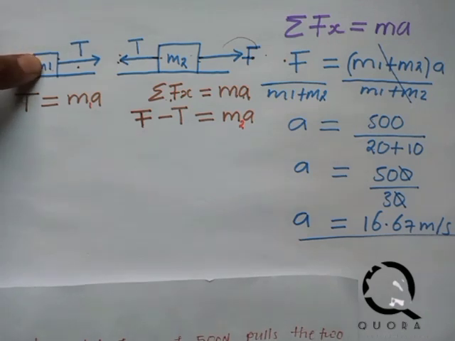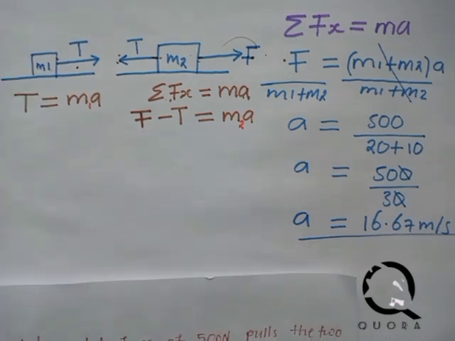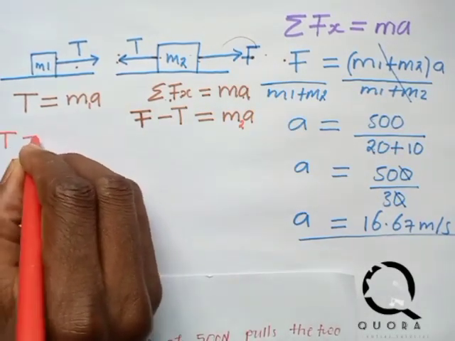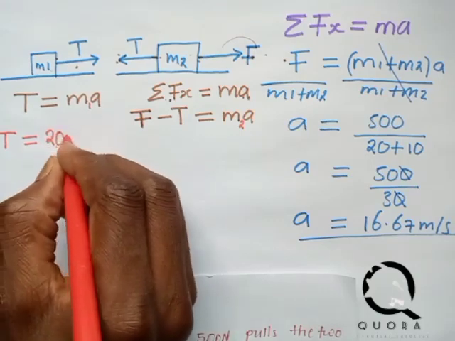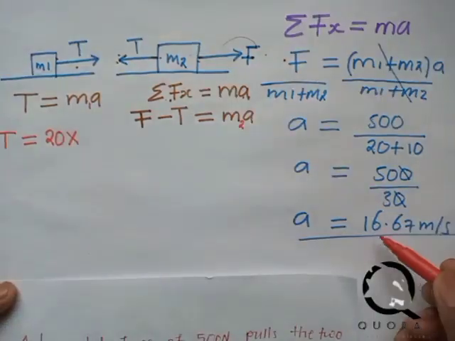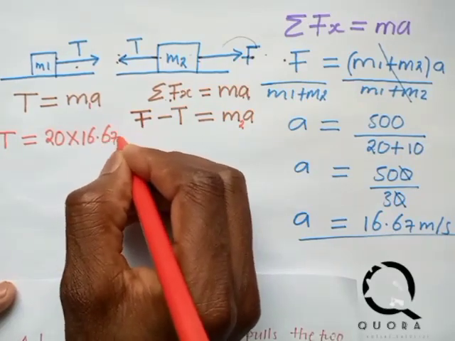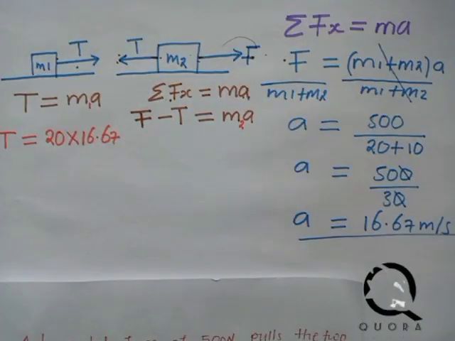So since we are saying the mass for this one is 20 kgs, meaning that my tension here has to be equal to 20 multiplied by the acceleration, which is 16.67, like this.